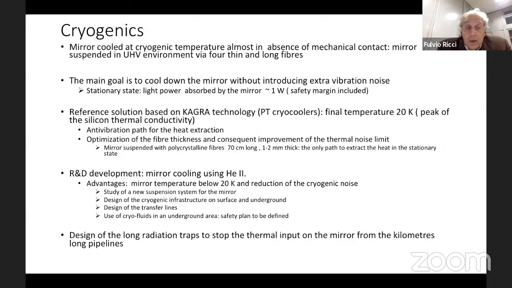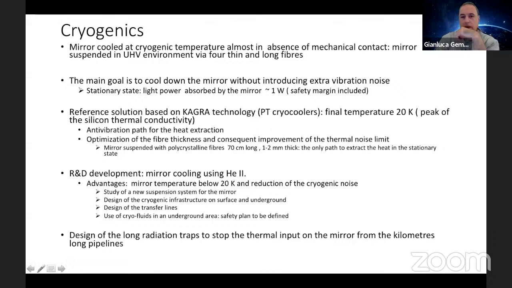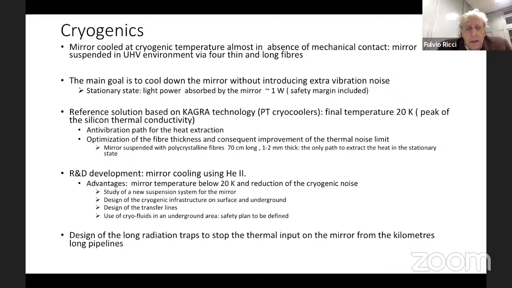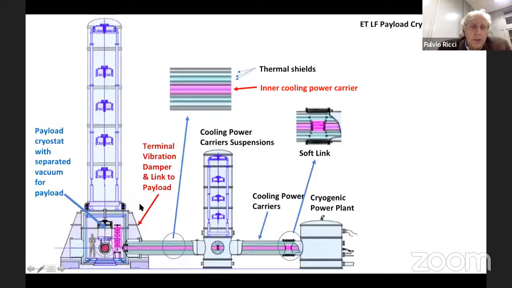And this requires also a certain level of R&D development, a very interesting R&D development, but this is needed. In addition, we have to design also the long radiation traps to stop the thermal input on the mirror coming from the long pipelines.